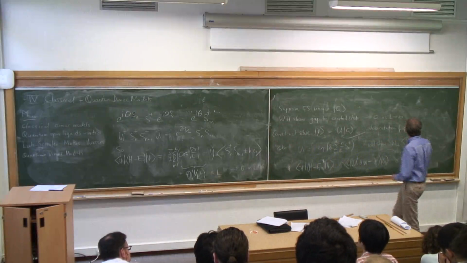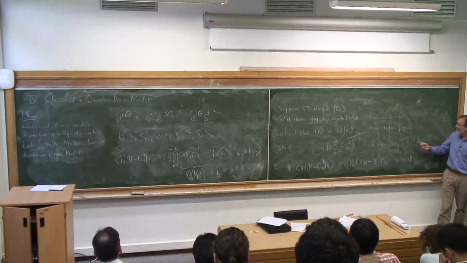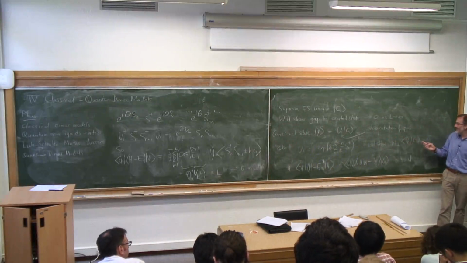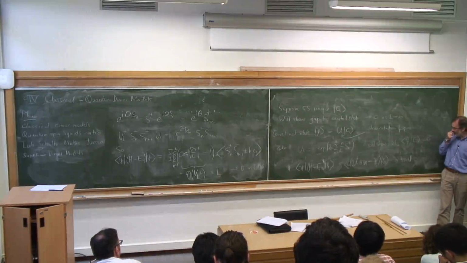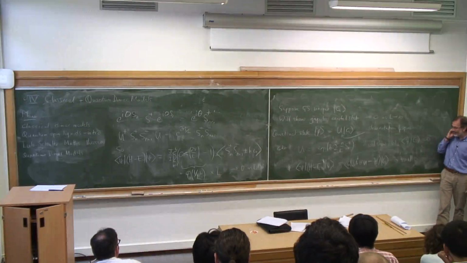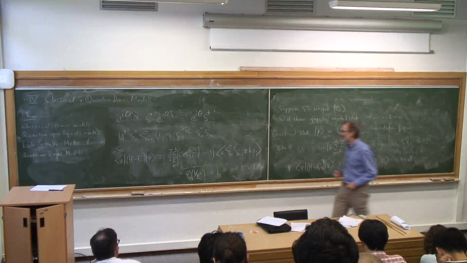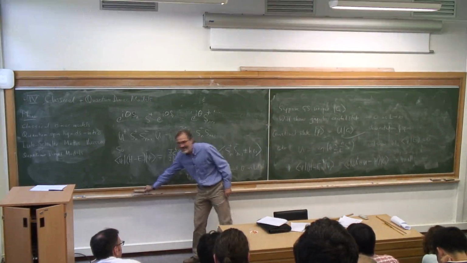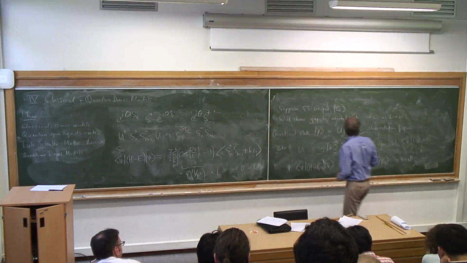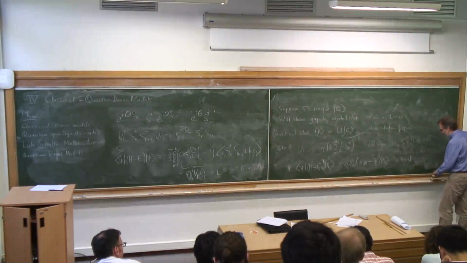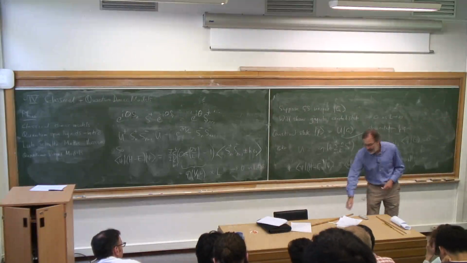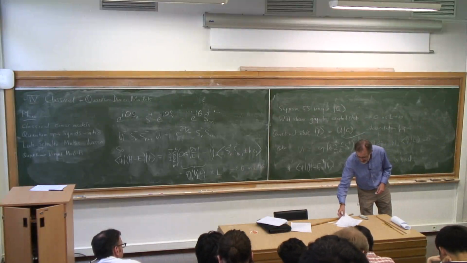The other thing we need to check is this claim that the state we've generated is orthogonal to the ground state. I think in view of time, I'll leave that as an exercise, but I'll just give you one clue as to what you need to do in order to get started.